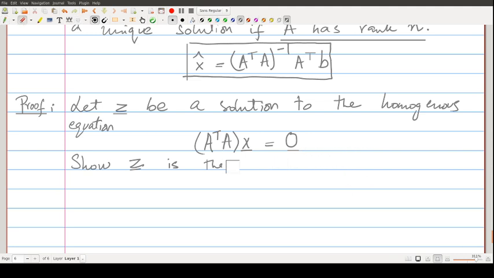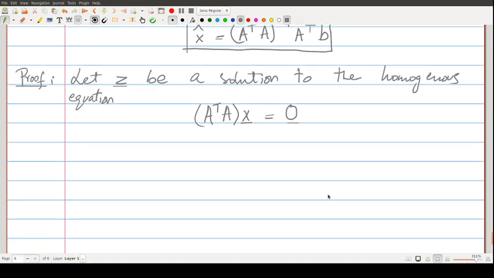I have to get to this fact using the facts that I have. So if Z is a solution, then I can rewrite this equation: A transpose A Z equals 0.